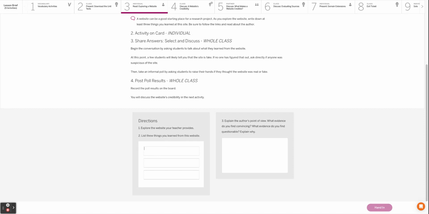Now, what you learn can be any number of things, but what's important is you're trying to take away information about the purpose of the website. What are they trying to do? How are they trying to do it? What are they saying? Does it come with extra things to think about as far as what they're saying?